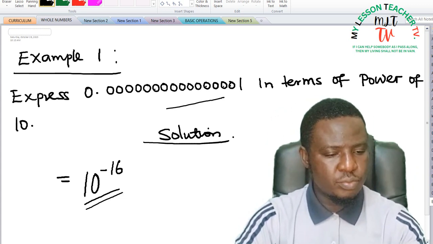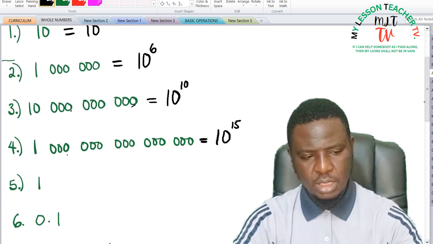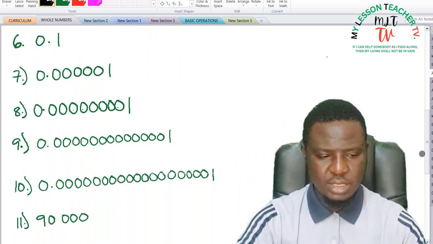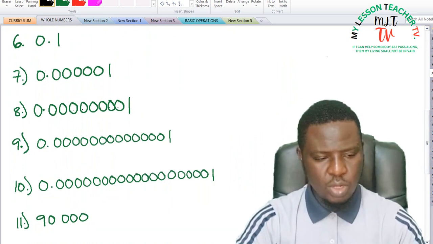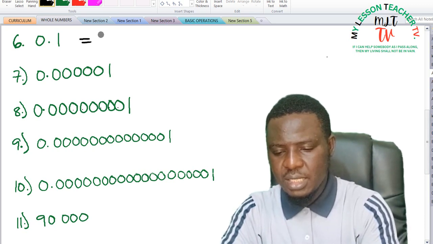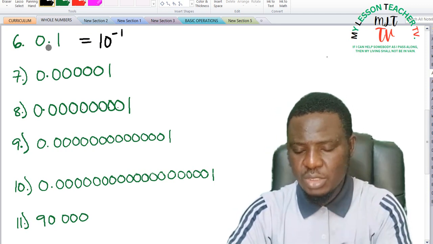Let's take more examples. We are asked to express the following in terms of power of 10. And for the decimal numbers, we are going to start from question 6. 0.1 can be expressed as 10 to the power of minus 1, because we have one digit after the decimal place.